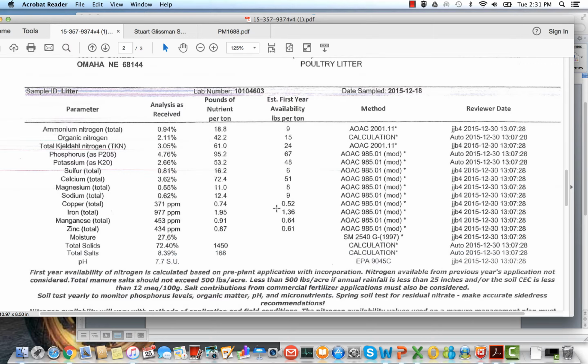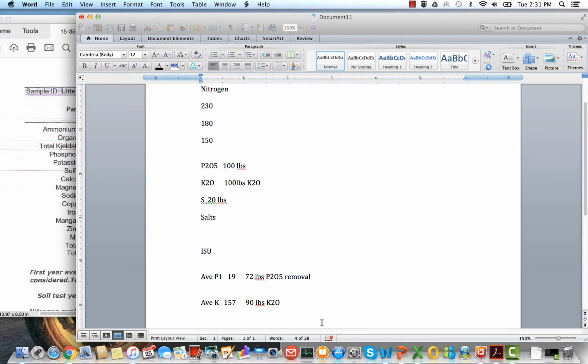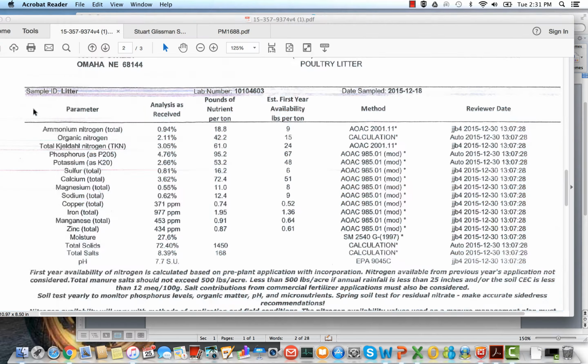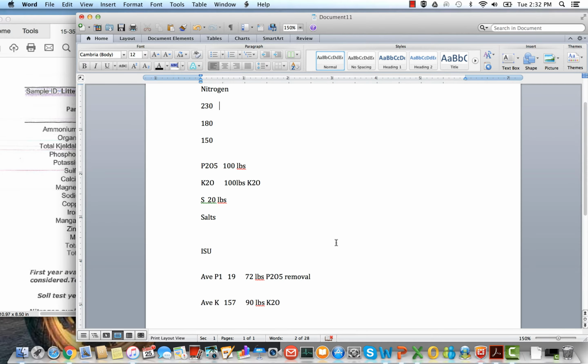And I'm going to apply, again, 500 divided by 168, we were comfortable with about 3 ton. Let's look at 4 ton. So 4 ton of poultry manure, I'm going to get, again, we said 4 pounds of ammonia plus 15, so I got 19 times 4 ton, it's 76 pounds.